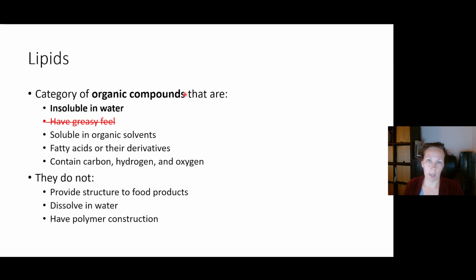Well, lipids aren't like that. They have a very defined structure, and it's not a polymer, which is a group of molecules that are joined together. So they're not built like starch, for example, where you just add on more glucose and it's still starch.